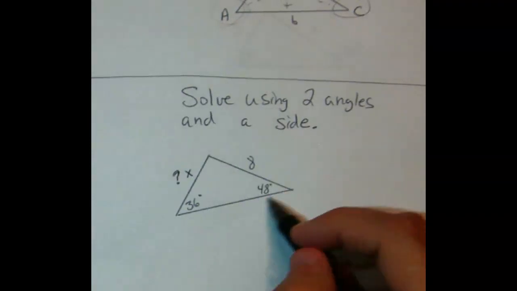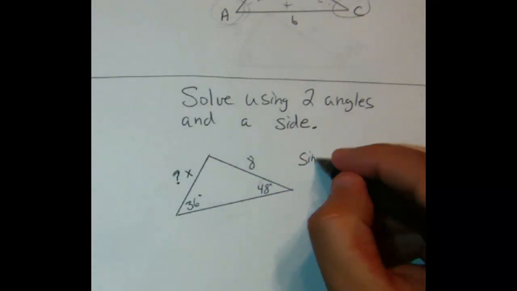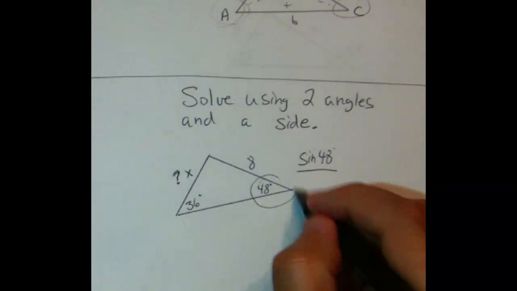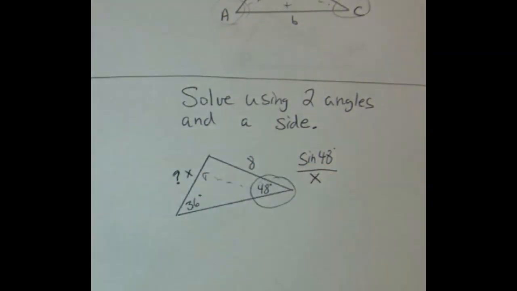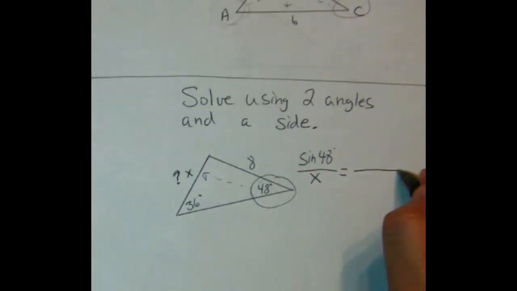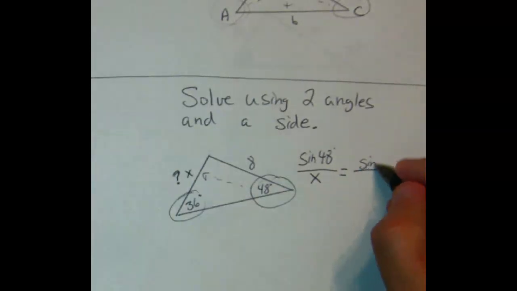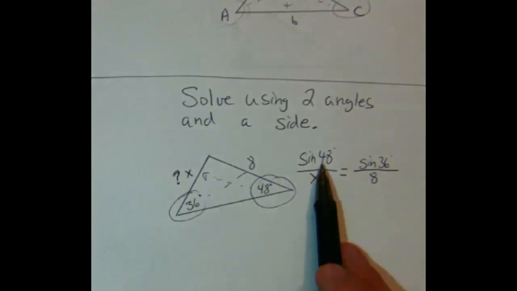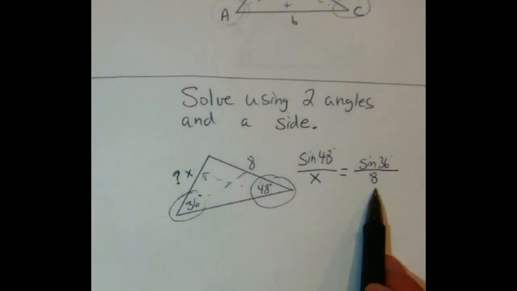So we have the sine of 48 degrees over its opposite side, x, equal to the sine of 36 degrees over 8. Sine angle over its opposite side equals sine angle over its opposite side.